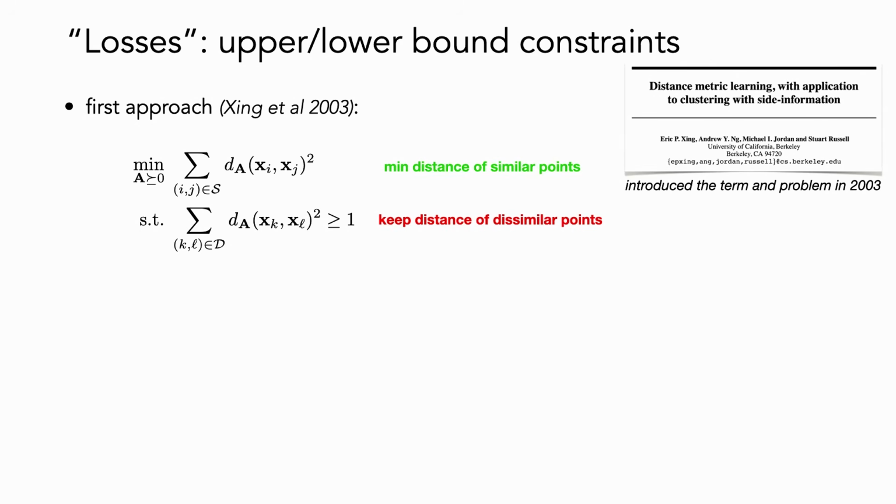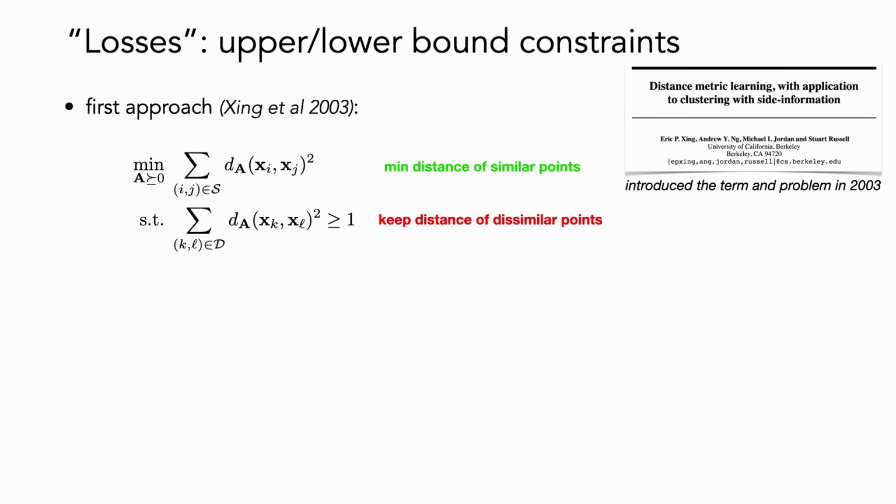And you can actually flip this as well. You can also think of it as keeping the distance between similar points within some constraint and maximizing the difference between dissimilar points. There are now a lot of different variations of this that have been proposed since 2003, which is now over 20 years ago.